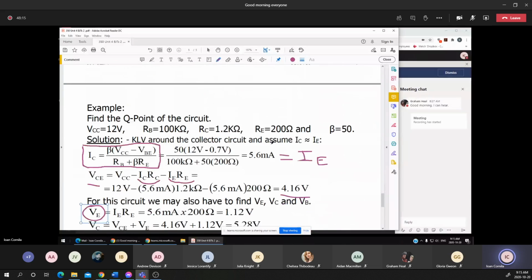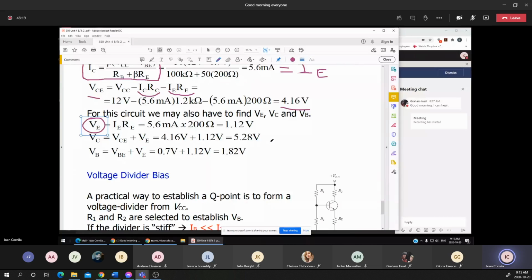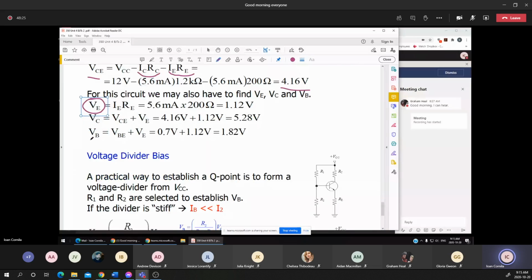Means that there is no difference in how we are applying the KVL in the output loop. And the VB is the potential at the emitter plus the voltage between the base and the emitter. Means that the emitter voltage plus the VBE, which is 0.7.